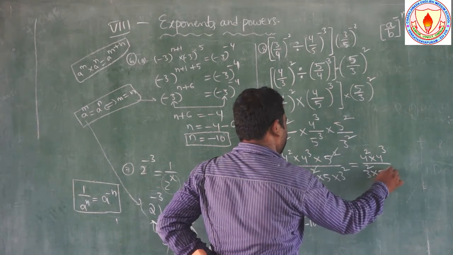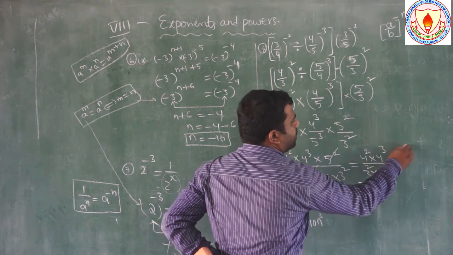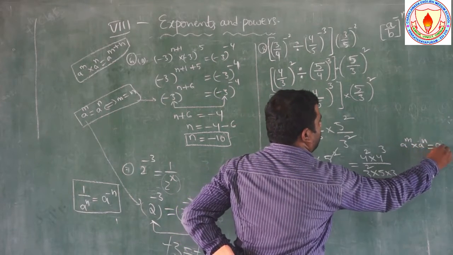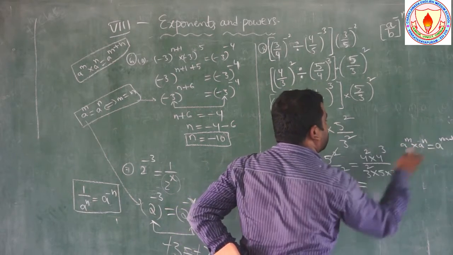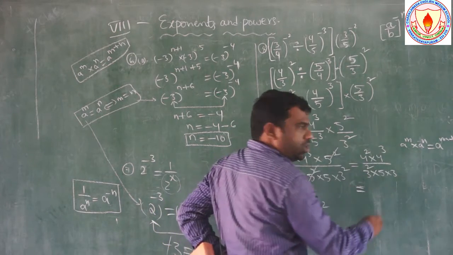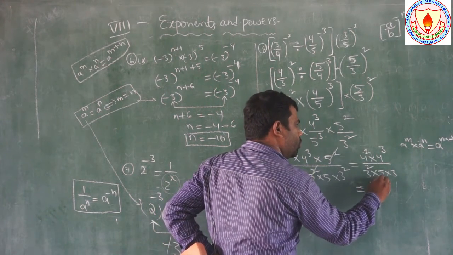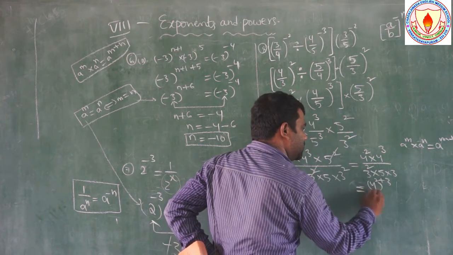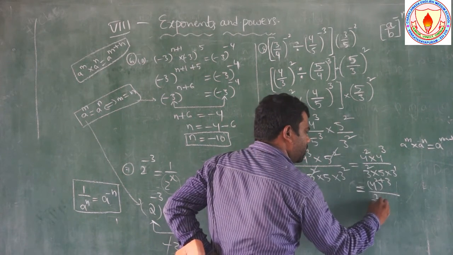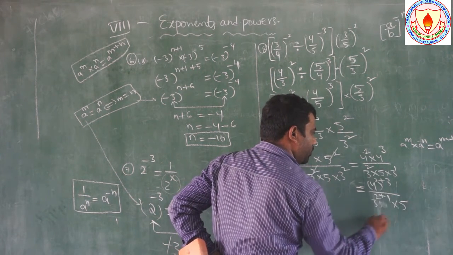See again a power m into a power n is equals to a power m plus n. Bases are same, powers should be added. So 4 square into 4 cube means 4 power 2 plus 3, and 3 power 1 is there, so 3 square plus 1, into 5.